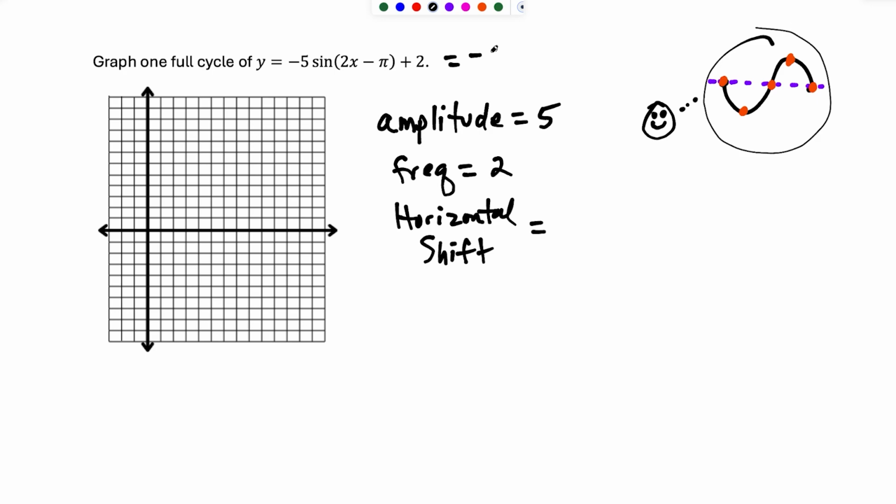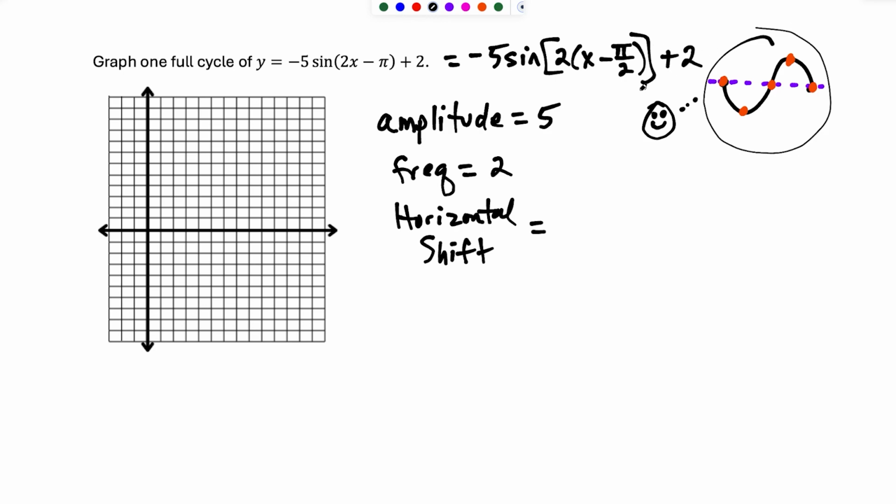So we should say that this is equal to -5 times sine, and I'll throw in a bracket here. This is 2 times parentheses x minus, and if I divide each of these pieces by 2, for the first one I get x, and the second piece, pi divided by 2, I get pi over 2. Okay, so our horizontal shift is actually pi over 2.